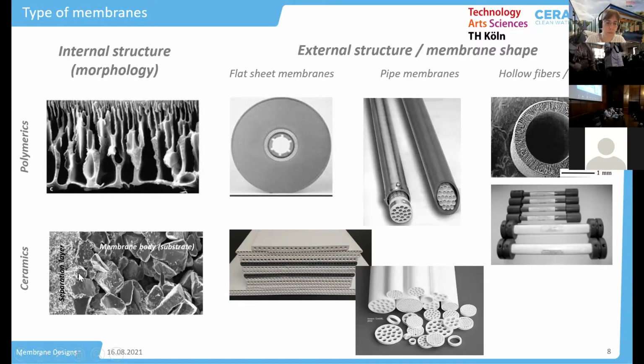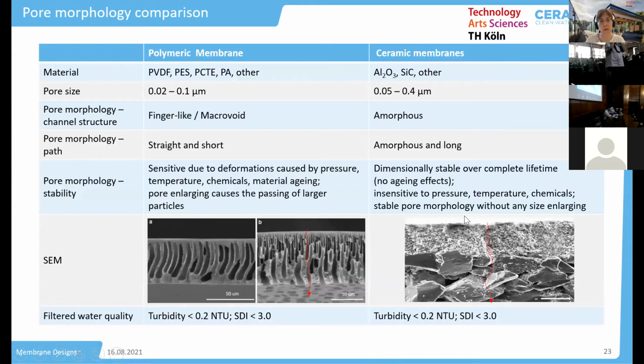And for the ceramic membrane, we have another filtration direction on this picture. We have the separation layer here. And you see that the ceramic membranes consist of a lot of small particles, and these particles are sintered together. You have a totally different behavior of these membranes. And I summarized it here, the pore morphology of polymeric membranes and ceramic membranes.